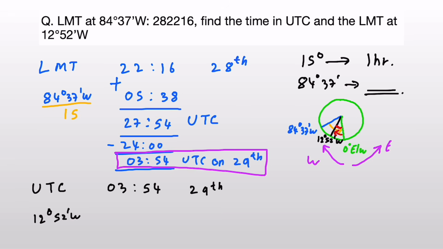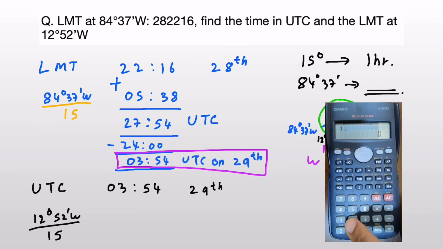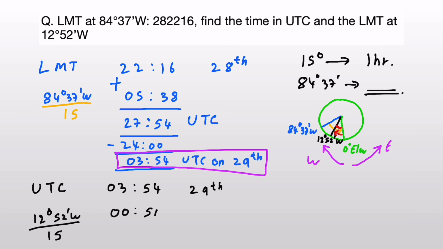So how do we find the time? We divide this by 15 and what do we get? 12:52 divided by 15. We get 51 minutes. So the difference is of 51 minutes. Now since this place is west of the prime meridian, it will be behind in time.